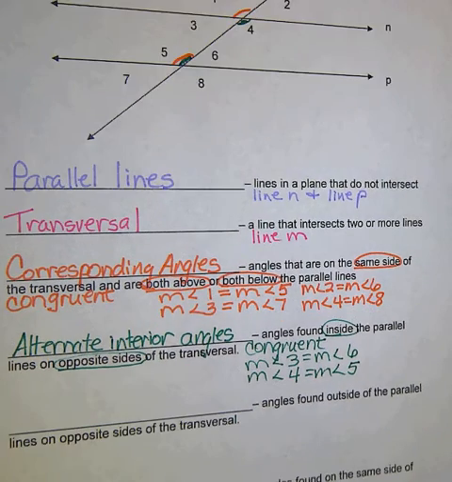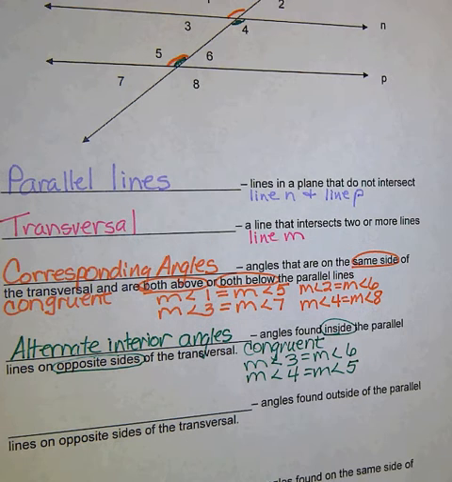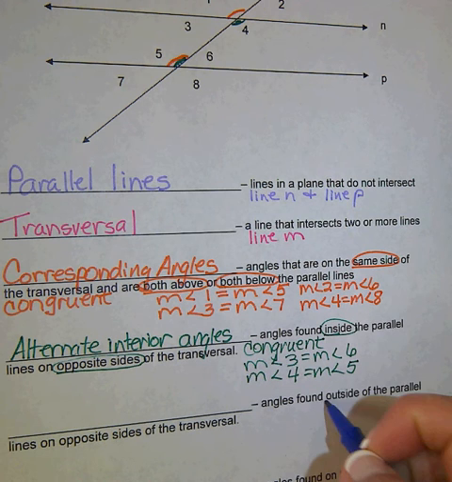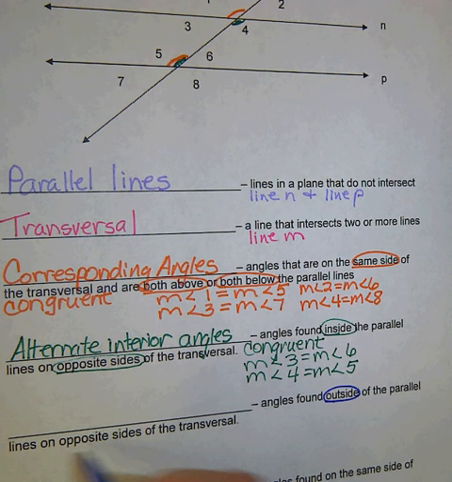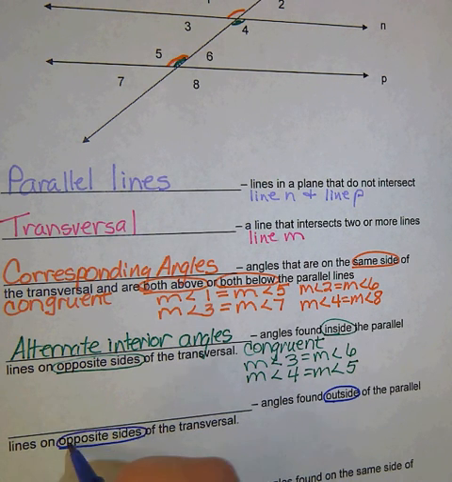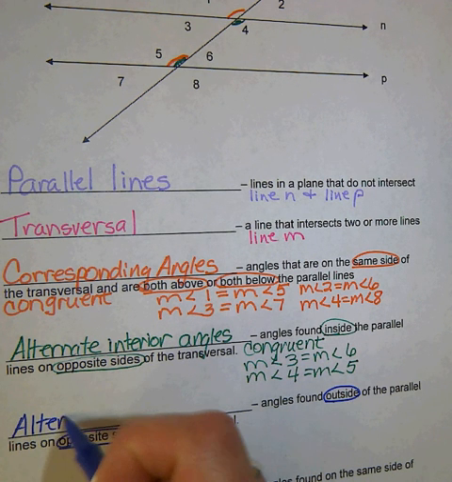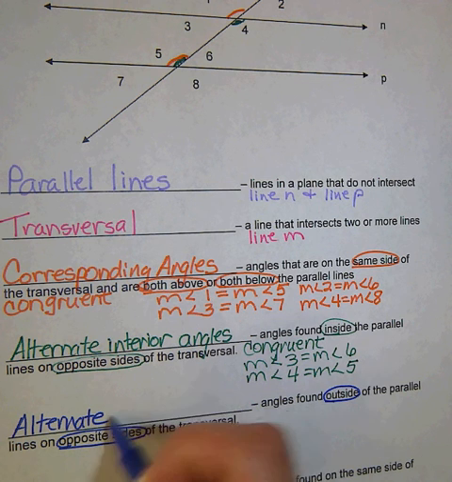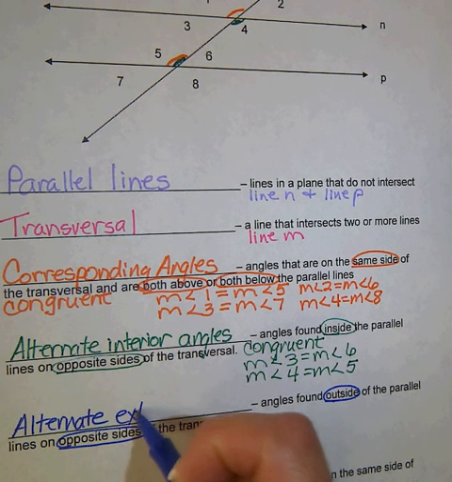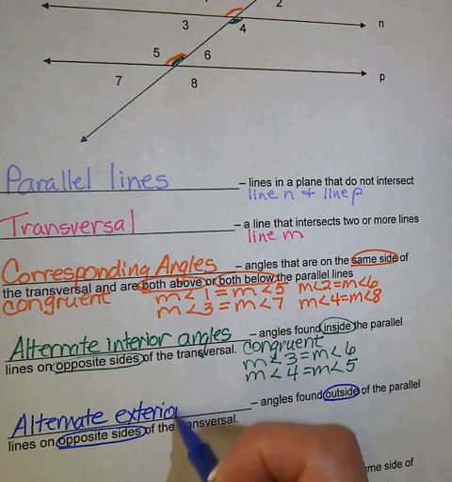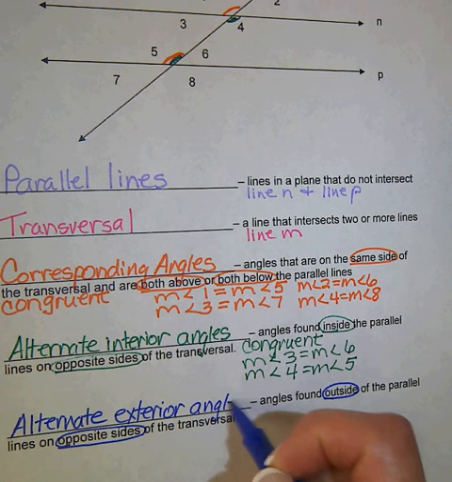Okay? Our next term talks about angles found outside of the parallel lines on opposite sides of the transversal. So, outside of the parallel lines on opposite sides of the transversal have the name alternate exterior angles.